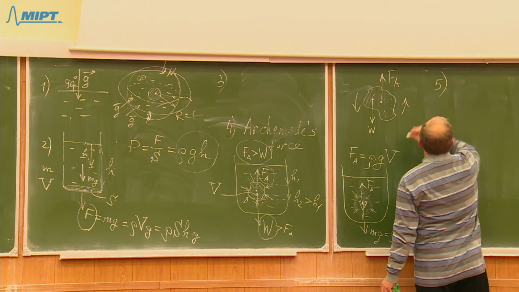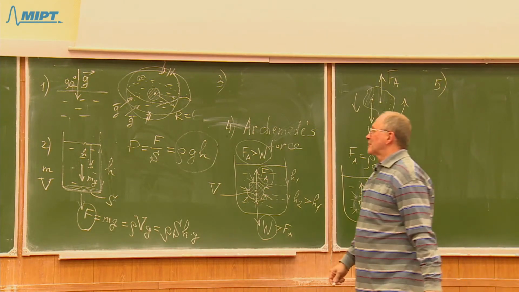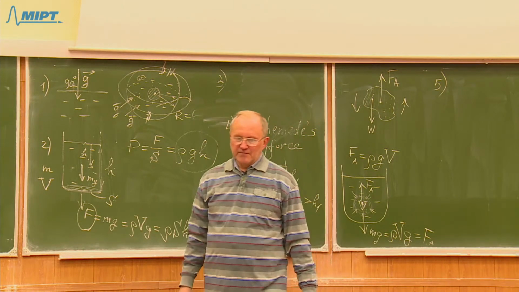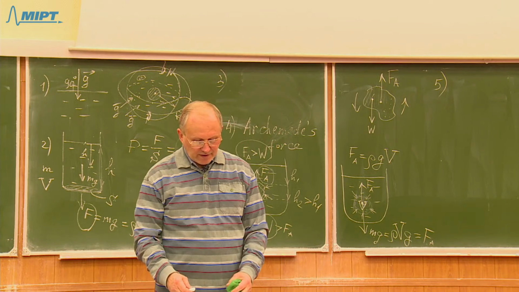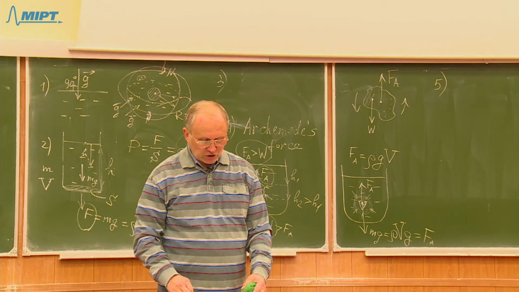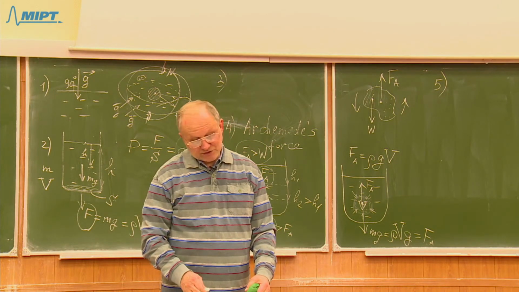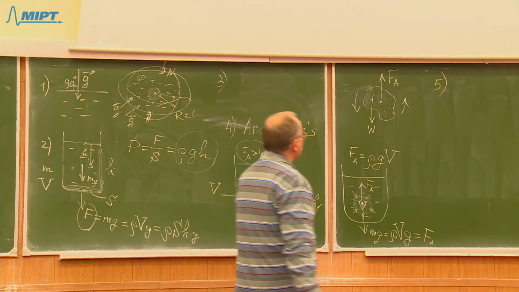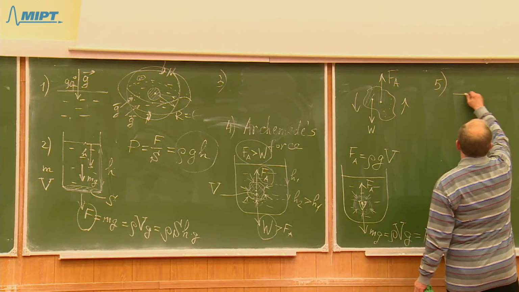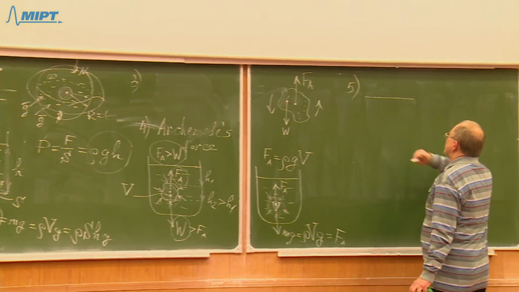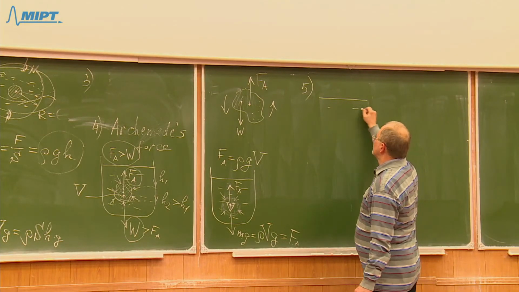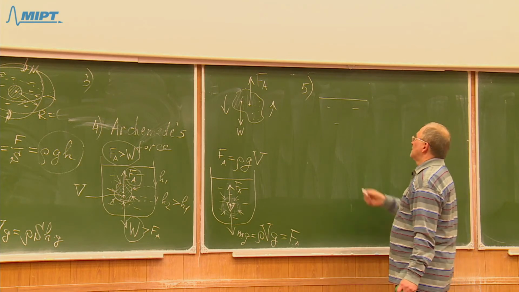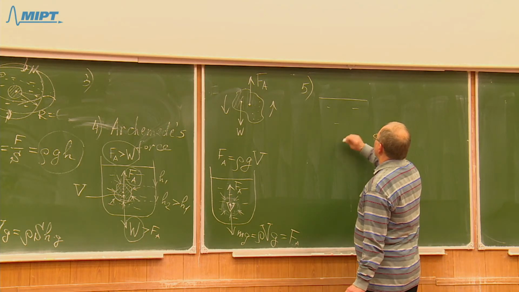Now we consider property number 5, which will be surface tension. Any liquid has this property which is called a surface tension or surface energy. If we consider a surface of a liquid, and if we think about molecules of liquid, then we notice one interesting thing.